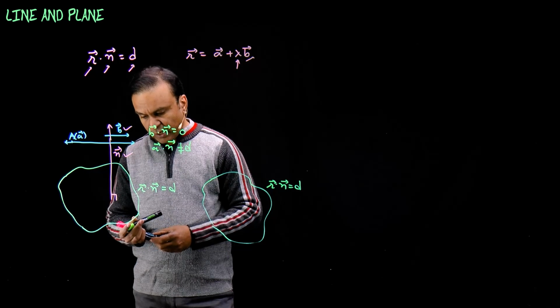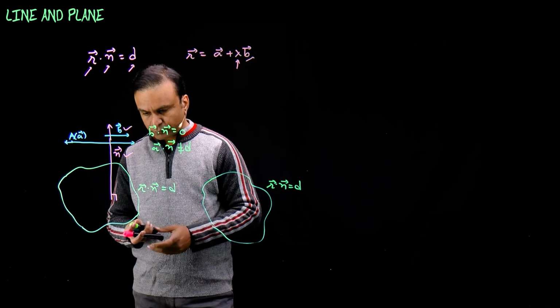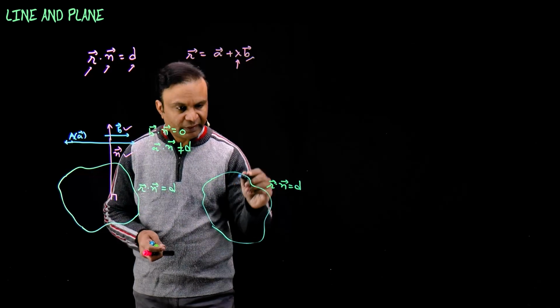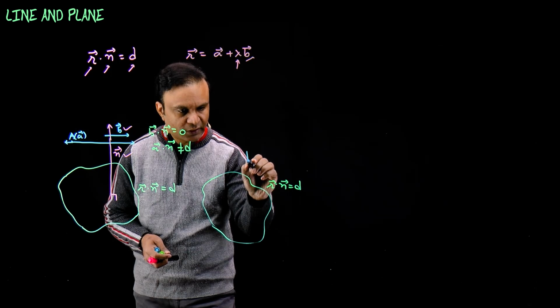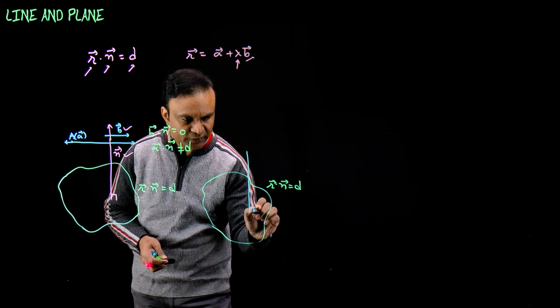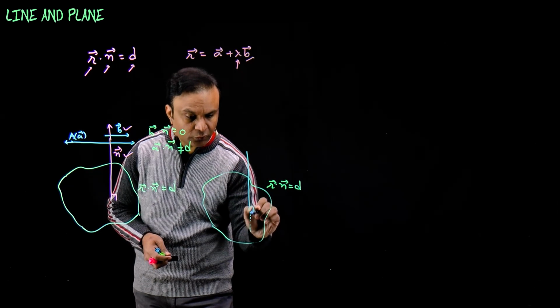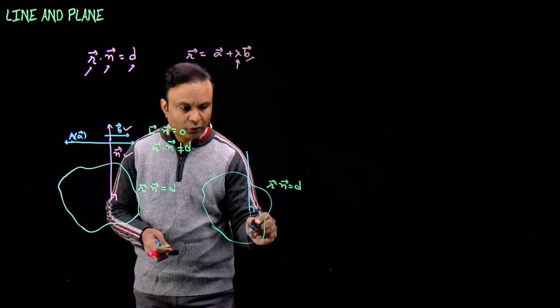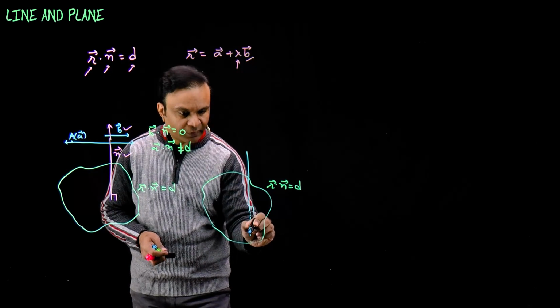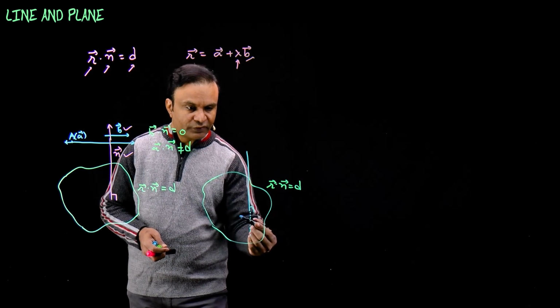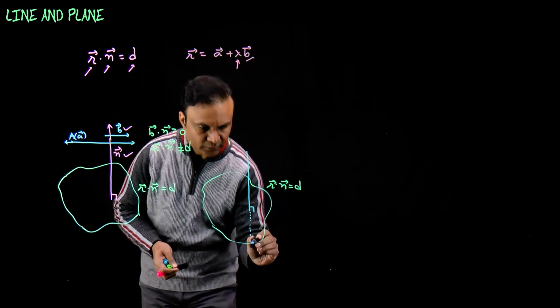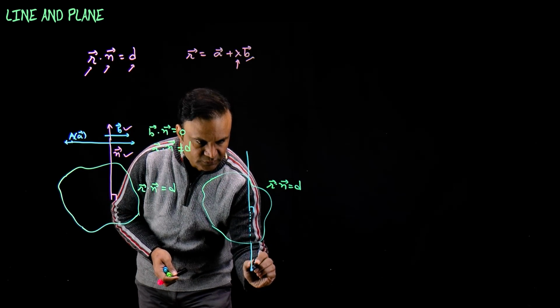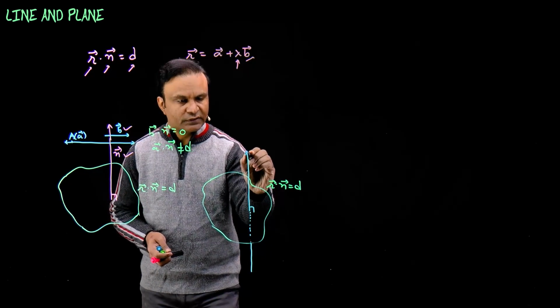Okay, now we have a line perpendicular to this plane. So let's draw a line like this. This is foot of perpendicular of line on plane. This dotted part is that of line which is lying to the back of plane. Again the line is visible. Okay, so this is our line.